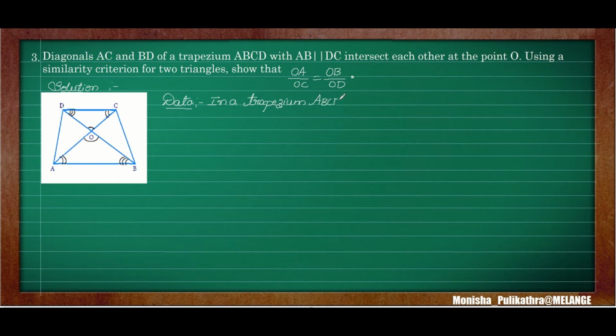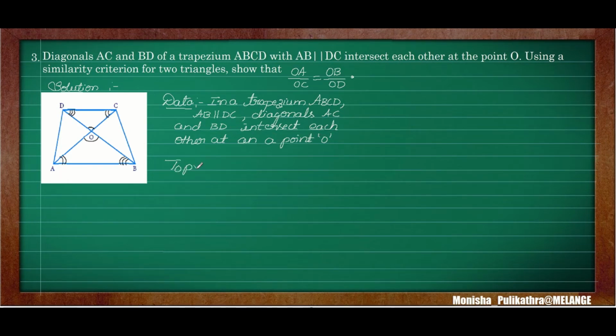In a trapezium ABCD, AB is parallel to DC, diagonals AC and BD intersect each other at a point O. So this is the data.